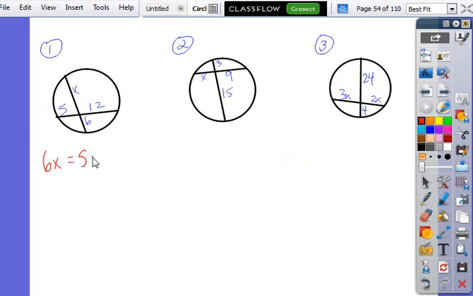The two pieces of one are multiplied together, and the two pieces of the other are multiplied together. So 6 times x, there's one chord multiplied together, and then 5 times 12 would be the other one. Solve a simple equation.